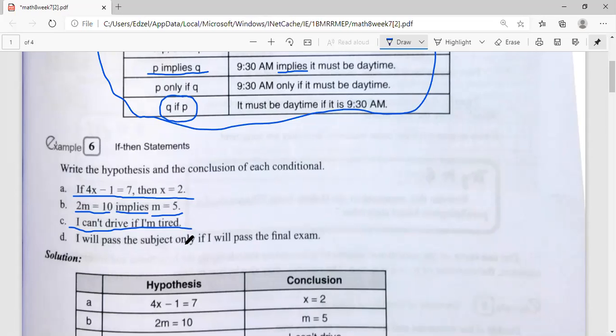Q is the conclusion, right? Then P is the hypothesis. So our hypothesis in this particular example is I am tired. If I am tired, this is the hypothesis.